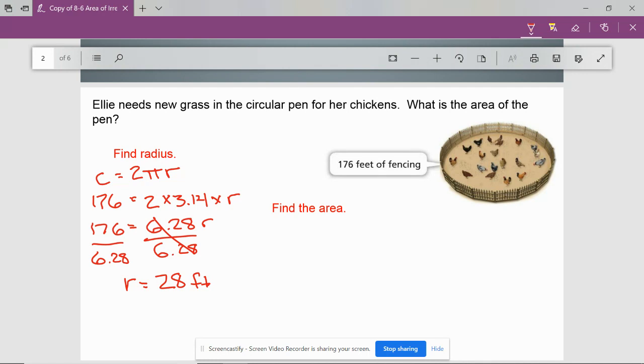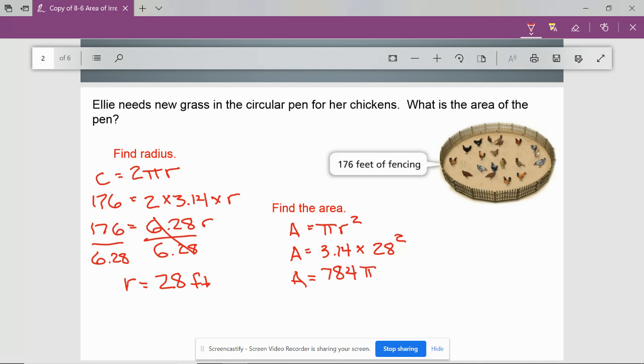Okay, so we're going to plug that into our area formula so that we can figure out what the area of the pen is. Area equals pi times radius squared. So area equals 3.14 times our radius of 28 feet, so 28 squared, which means our area is going to be equal to 784 times pi.